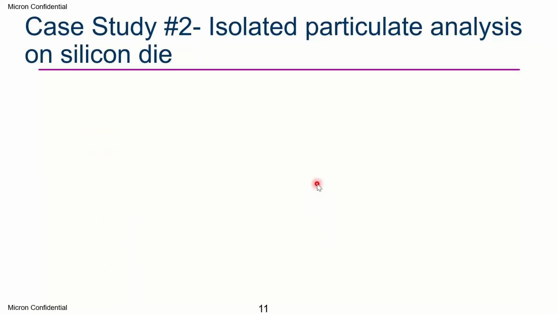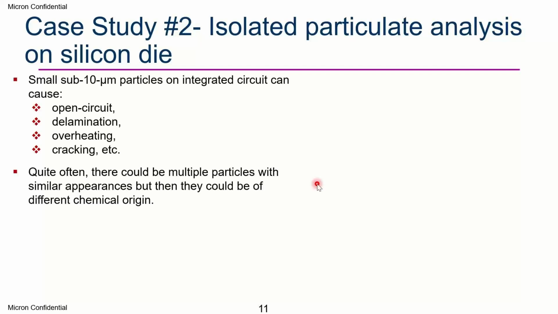Another advantage of this OPTIR compared with the conventional FTIR is definitely particle analysis on the silicon die. As we have mentioned, in semiconductors most of the time the particle on the integrated circuit, meaning the IC chip, is very small. It's almost 10 micrometers and sometimes smaller than 10 micrometers.